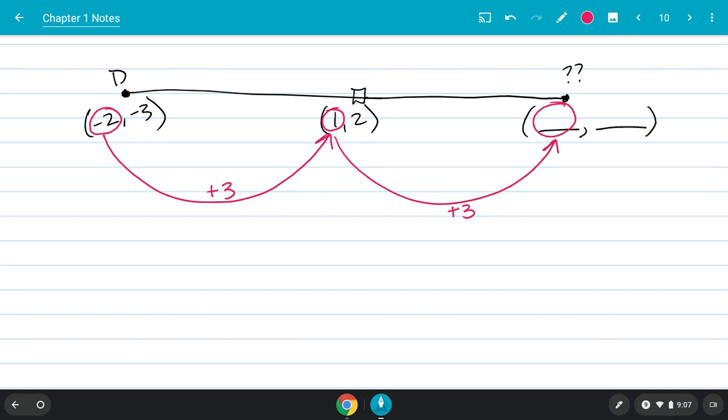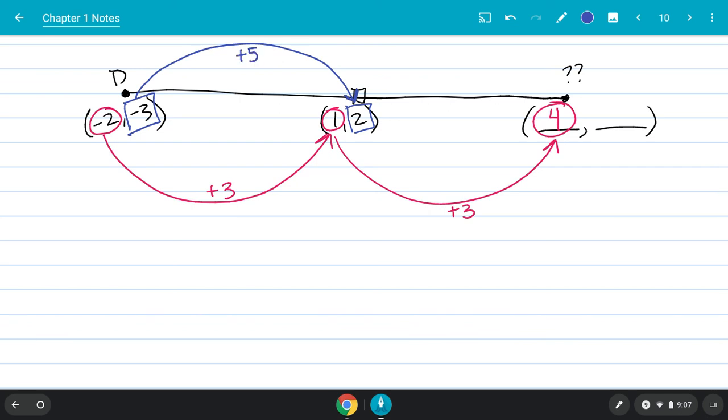So 1 plus 3 again is 4. And then we go through and do the same thing for our y value. From -3 to 2, did we go up or down? Well, from -3 to 0 is 3 steps. From 0 to 2 is 2 steps. 3 and 2 is 5.